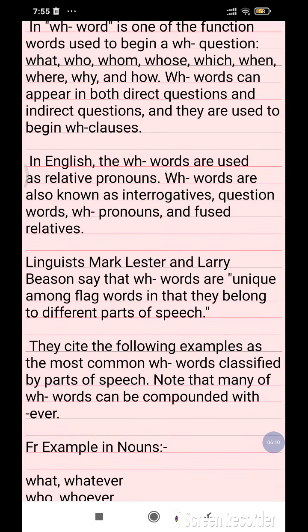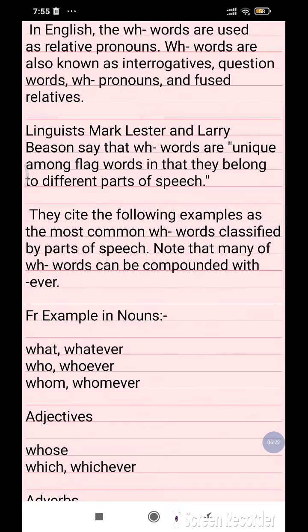In English, the WH words are used as relative pronouns. WH words are also known as interrogative question words. WH pronouns are fused relatives. Linguists Lester and Beason say that WH words are unique among function words in that they belong to different parts of speech.